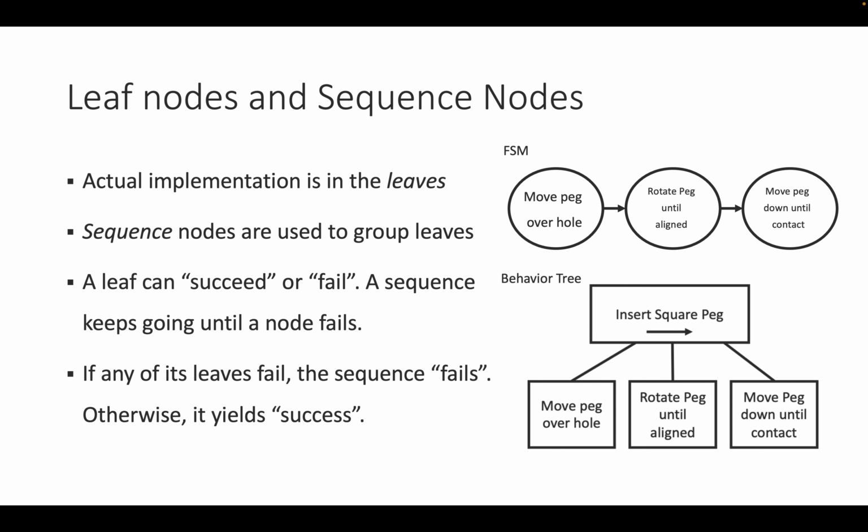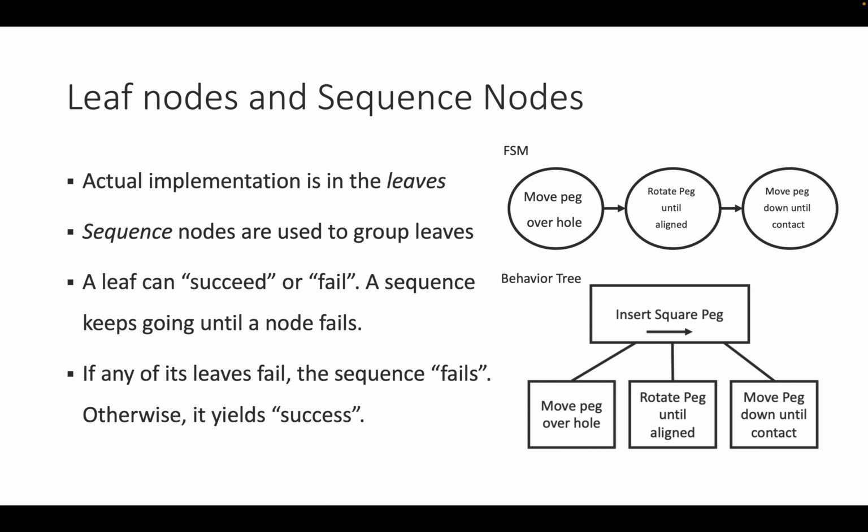Now, in a behavior tree, I will have very much the same code, and I have these leaves, as they're called in behavior trees, which actually implement the behaviors. Move peg over the hole, then I have this rotation step, and then I have some code to move the peg down. But now they are grouped into what is called a sequence node, and the sequence node only has execution behavior, so you usually don't write any code in those, but you choose them.